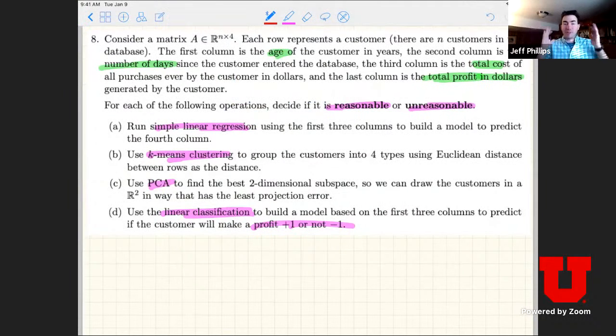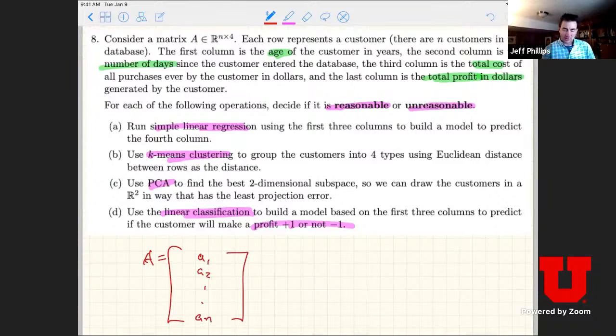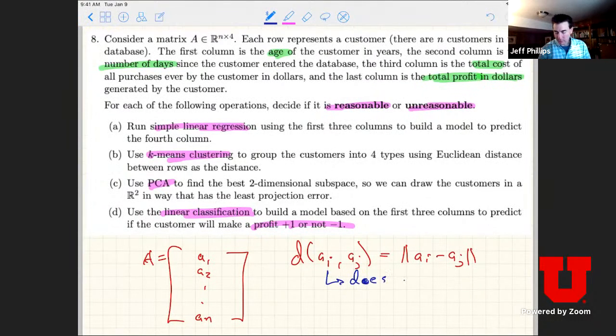I've harped on a point in class: if I have a matrix with rows A1, A2, up to AN, and each of these is a customer, and I want to take a distance between Ai and Aj, using the Euclidean distance between them, they don't have the same units, so this distance itself does not make sense to use.